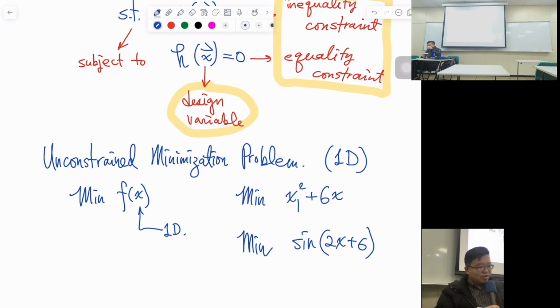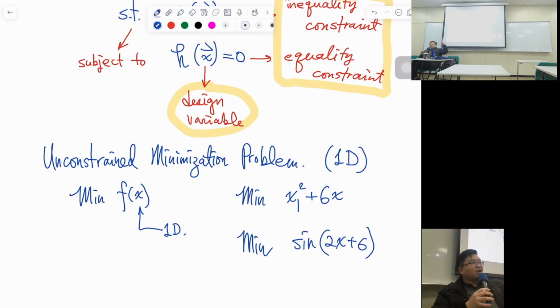Okay, so when the problem can be easily solved, maybe you don't even need to do optimization. Like last time, someone observed the math function in your mind. You kind of know, okay, there is a minimum point.